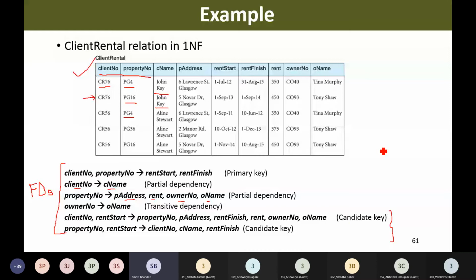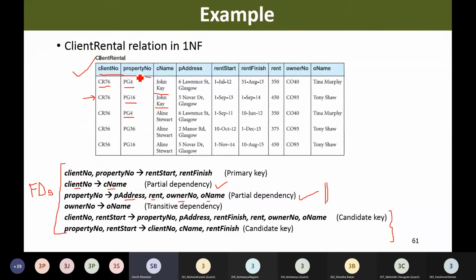But as far as second normal form is considered, we are bothered about the partial dependencies. And we have identified here two partial dependencies. This and this. Client number determines client name and property number determining property address, rent, owner number, owner name.